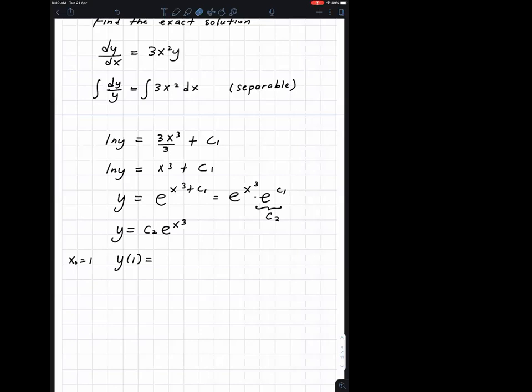But before doing that, we have to use the initial conditions to find what C2 is. The initial condition: x naught is 1, C2 times e to the power of 1 equals y naught, which is 2, sorry.